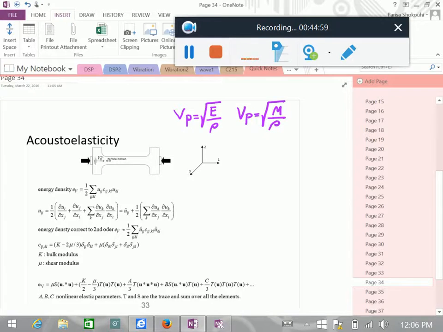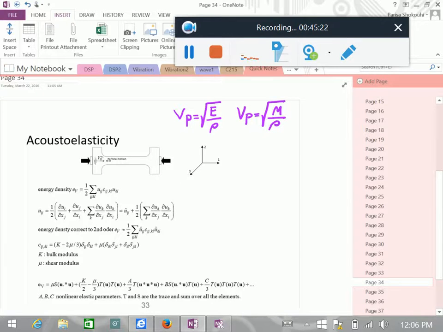Now, you could have asked me, like everyone else did when I first presented these results, wait a minute, the velocity is only a function of elastic modulus and density. How come you are telling us that the velocity is changing with the stress?